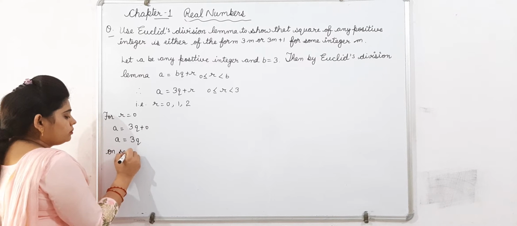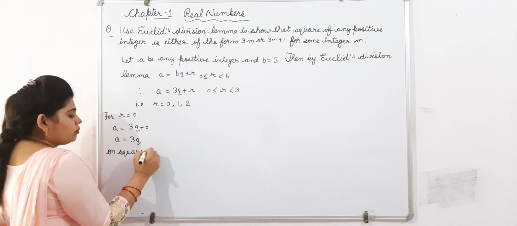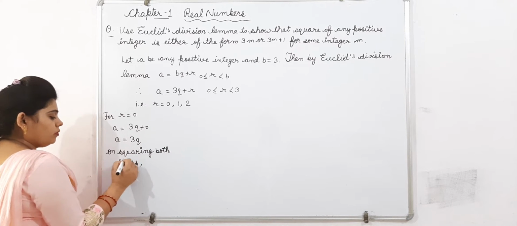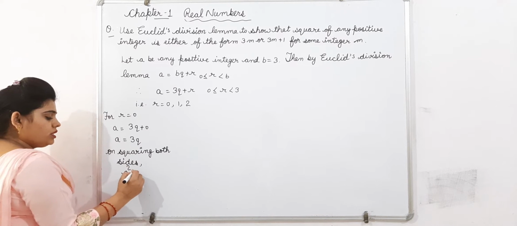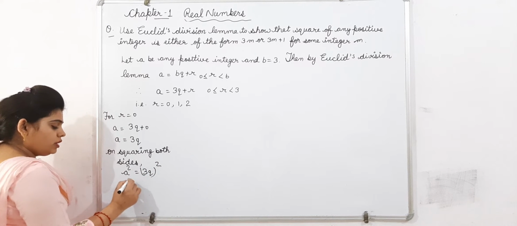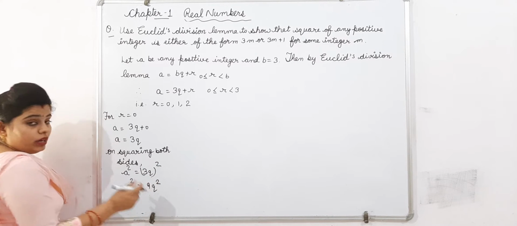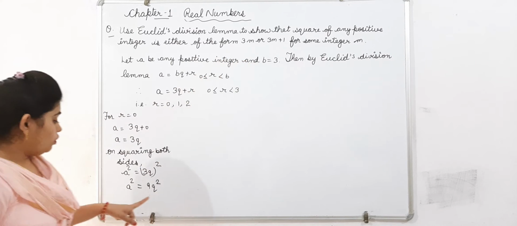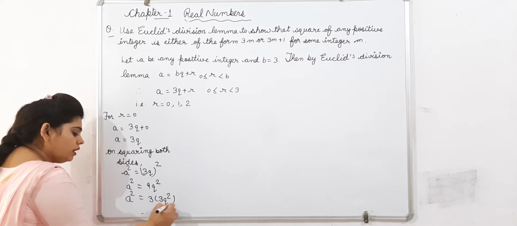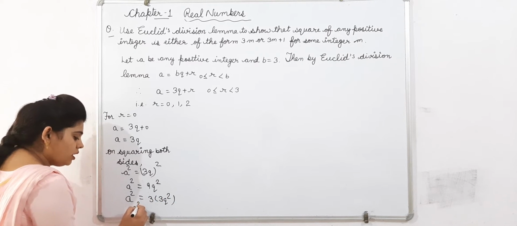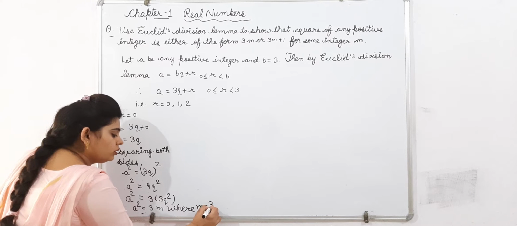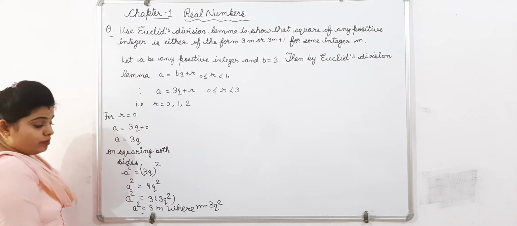On squaring both sides, we will get a square is equal to 3q whole square, means a square is equal to 9q square, but we have to represent it in the form of 3m, so we will take 3 common and it will become 3 into 3q square, and we can rewrite it as a square is equal to 3m, where m is equal to 3q square. We can replace this by m.